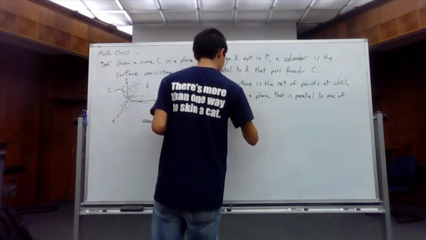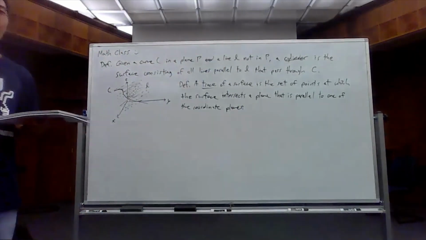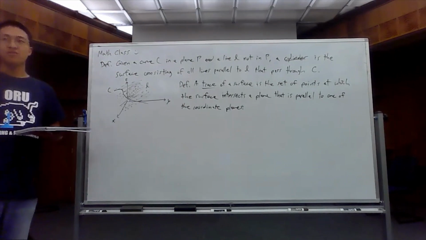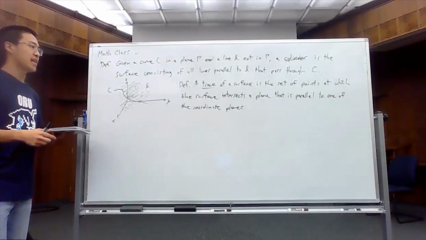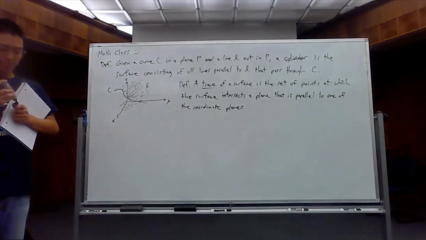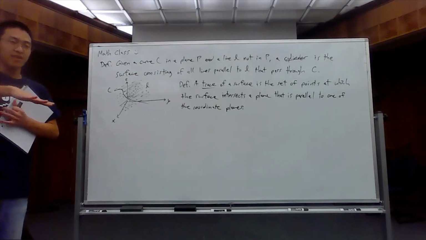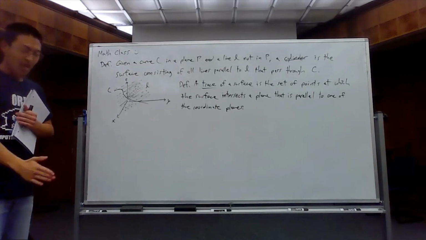And the reason why we specify coordinate planes is we don't want any random plane at any random angle. We want it to specifically be parallel to either something with the x-axis, something with the y-axis, something with the z-axis. So I don't know how many of you grew up with those veggie cutter things, where you stick your tomato underneath it, you press down, and there's that blade that just comes right down.